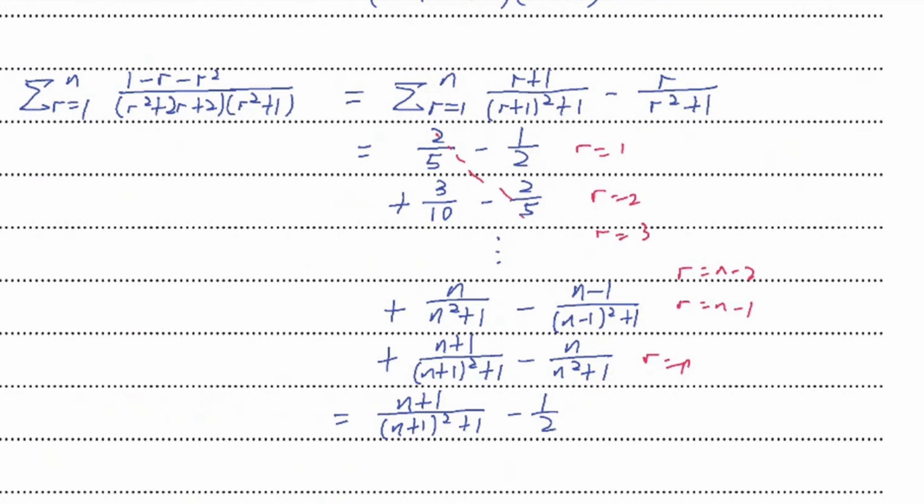You can draw some dotted lines nicely to cancel off the terms there. Then we just look at the remaining terms for the result. So that's the method of differences, which is also quite a typical type of question.